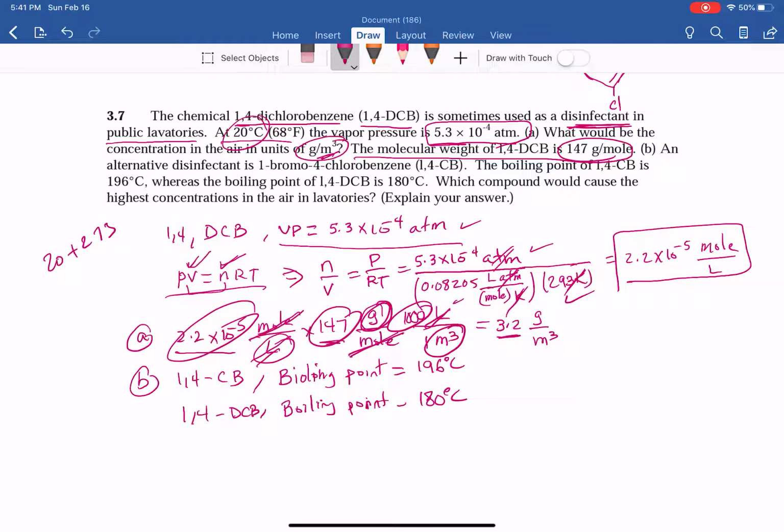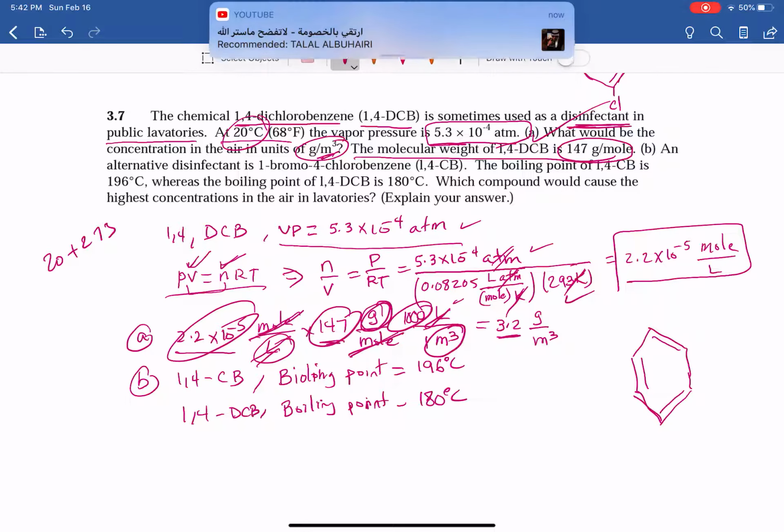So the first part is solved. Now let's look at the second part. An alternative disinfectant. There is another one, not 1,4-dichlorobenzene. There's another one that's being used in some public lavatories. 1,4-CB, 1-bromo. Now let's draw this benzene ring too. Okay, so I'm going to have a double bond here, a double bond here, and a double bond here.